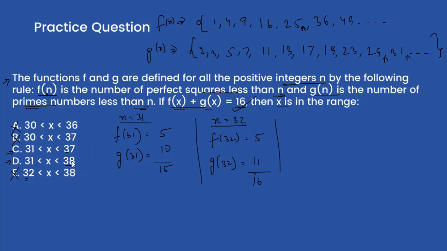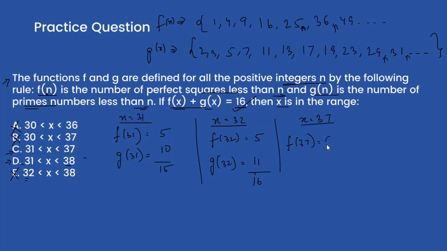Let's substitute 37, which is according to option D. Let's say x is equal to 37, going ahead with option D. If this is not correct, then your option C will be correct. So what will be f(37)? This will now be included, and here the total number of the perfect squares will be 2, 4, 6.